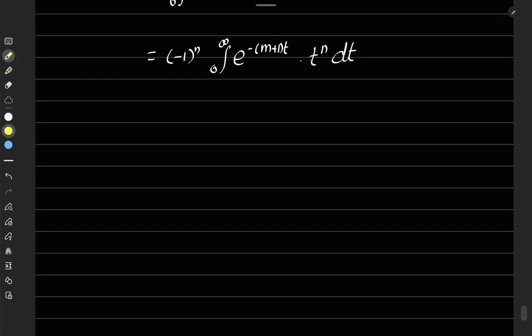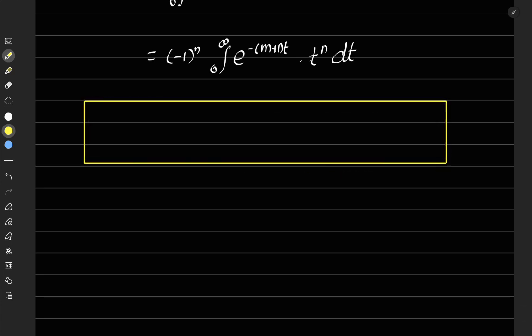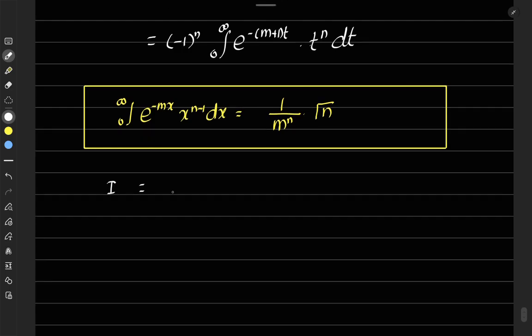So again this is one formula which we have derived in the class, and I hope you guys remember. Integral 0 to infinity e to the power minus mx x to the power n minus 1 dx can be written down as 1 upon m to the power n into gamma n. So using this formula we can conclude our integral as minus 1 power n as it is.